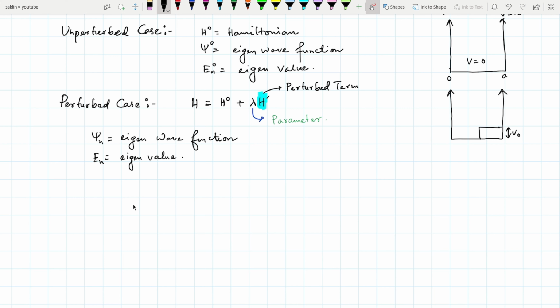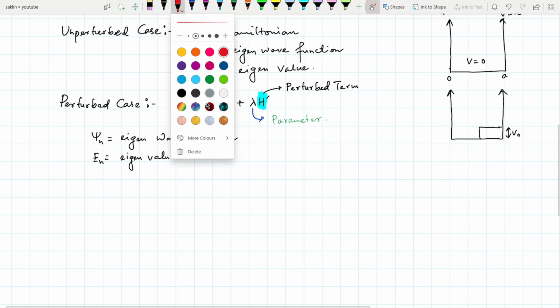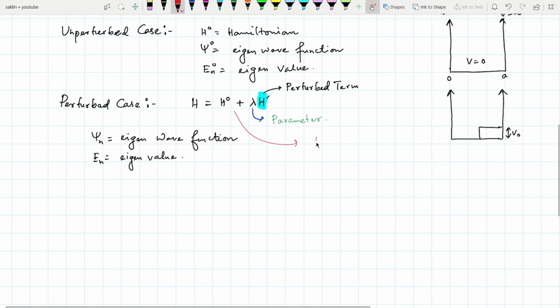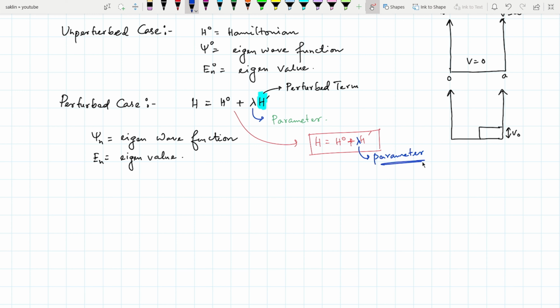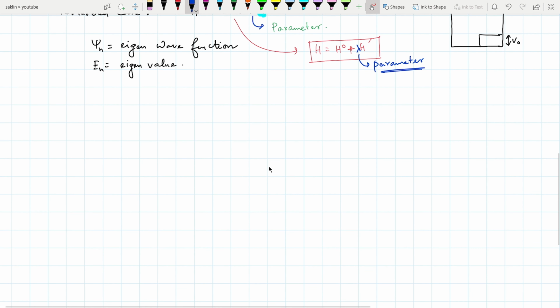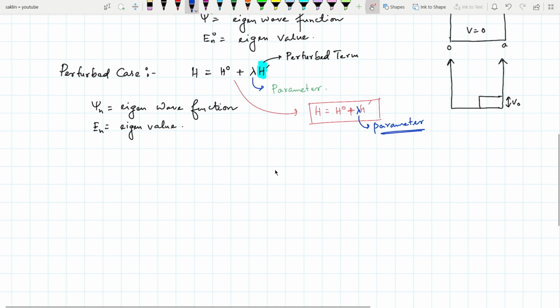Okay, these are our assumptions, and here it can be written as H0 plus lambda H dash. I am just introducing a lambda here. Lambda is just a parameter which is used to simplify the calculation only. It is not strictly necessary, but it is important for our calculation.